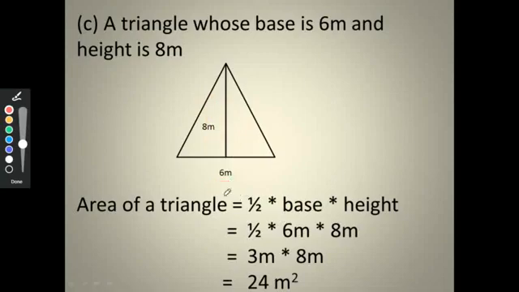Here 2 and 6 can be cancelled. 2 ones are 2, 2 threes are 6. So 3 meter into 8 meter, which is equal to 8 threes are 24, and meter into meter is meter square. So area of a triangle is equal to 24 meter square.